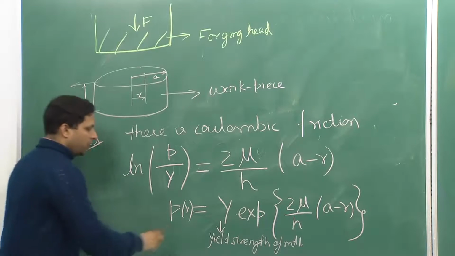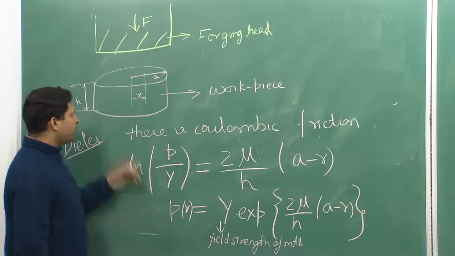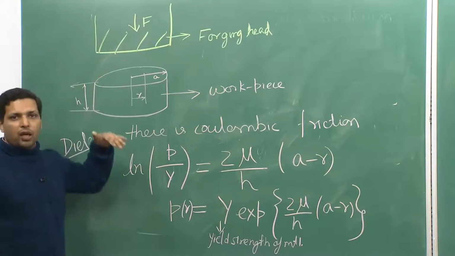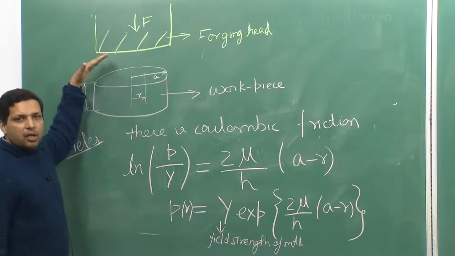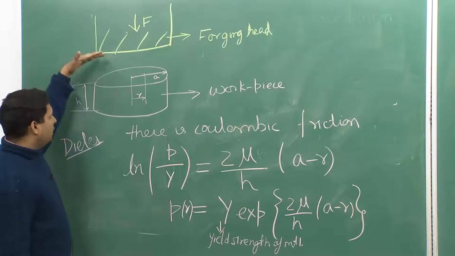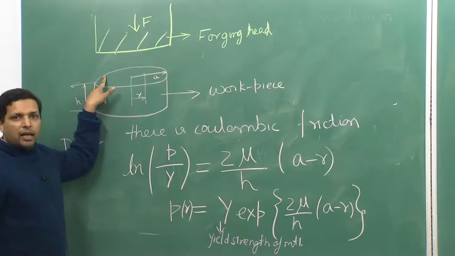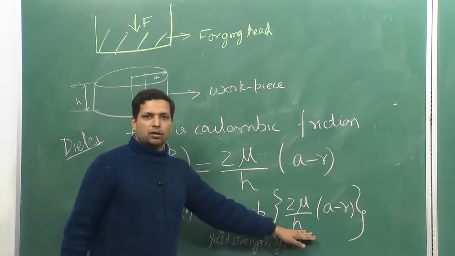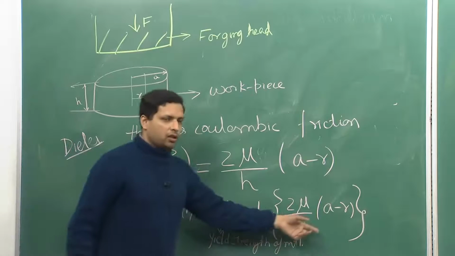First thing that we need to understand here is that what this equation is saying is that pressure is not constant throughout. Whenever we are pressing, we inherently assumed until we know about friction that pressure remains constant, that the same amount of pressure is being applied at each and every point, but that is not the case. This equation is saying that actually this is changing with r. Since it has a cylindrical geometry, it is changing with r.